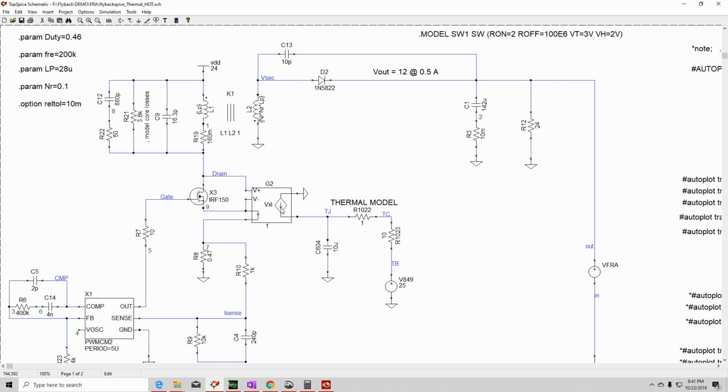Well, in this case, here is the data sheet, and we look here where it says thermal resistance. It says theta JC, junction to case, and that would be 0.83.